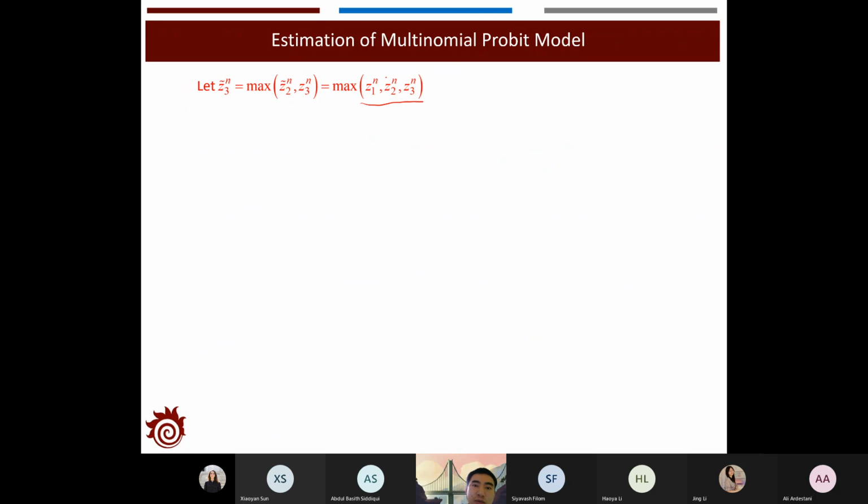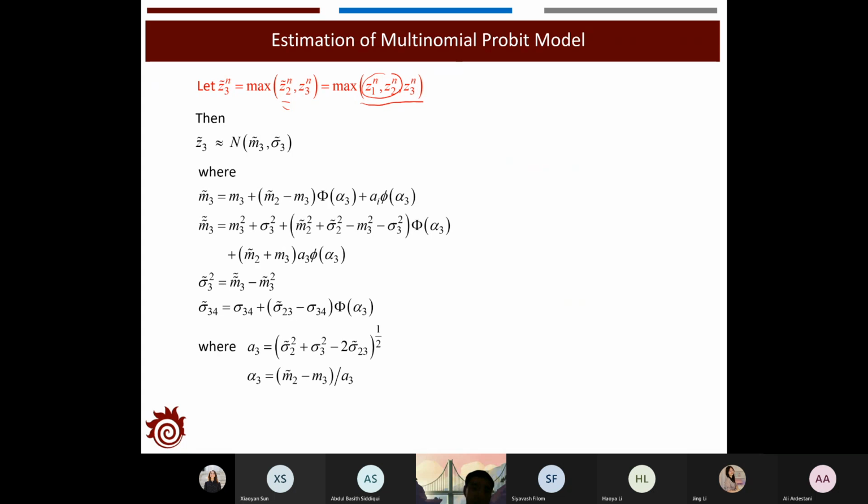But we know that the maximum value of z1 and z2 will be z2 tilde, and we already know the distribution. So with the Clark's approximation, we can find out the mean values of z3 tilde. We can find out the variance and also the covariance between z3 and z4, which will be applied for the next iteration.